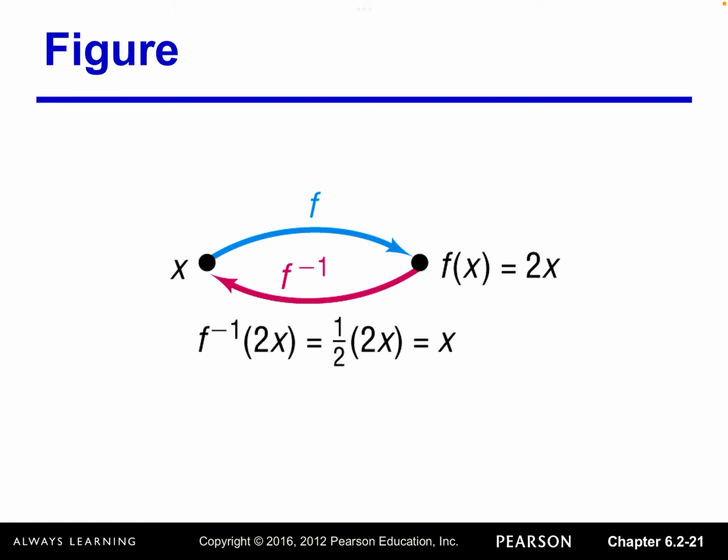Why is that? It's just like a mapping. First the mapping goes from x to y, and then composing with its inverse maps back from y to x. That's why it goes back to the original input x.